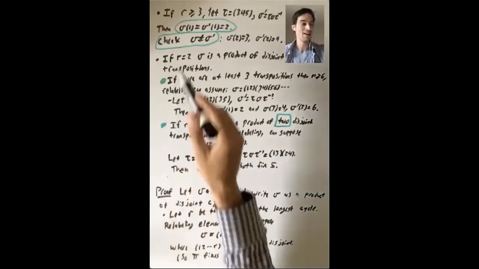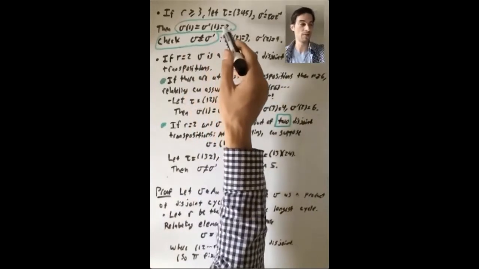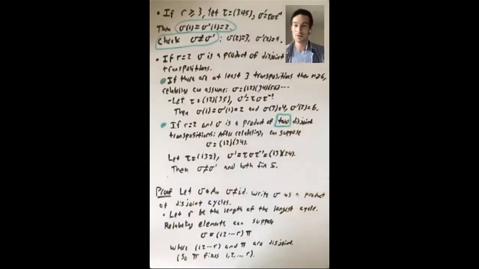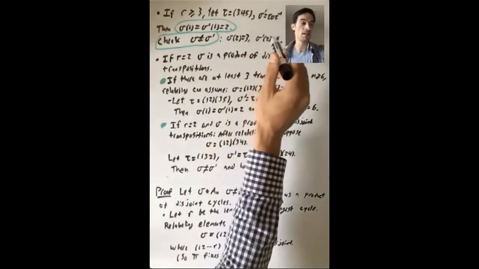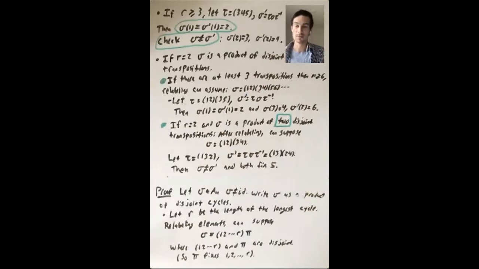Then you can check that sigma(1) equals sigma prime(1) equals 2. So they have some element that they send to the same place. But remember, we also need to check that they're not the same permutation. To check that sigma is not equal to sigma prime, we find some element that they don't send to the same place. Sigma(2) equals 3, but sigma prime(2) equals 4.